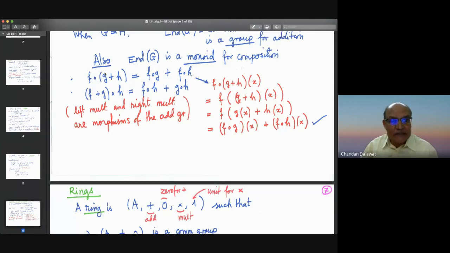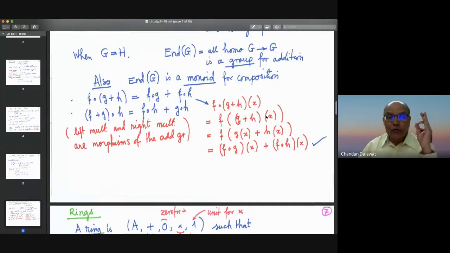Sometimes this is expressed by saying that one of them is distributive over the other. I forget which one. Maybe it's multiplication which is distributive over addition. Anyway, what it amounts to is this identity, and this identity is easy to verify, because to evaluate the mapping on the left at some point X of the group G is this by definition, which is this, which gives you this identity.